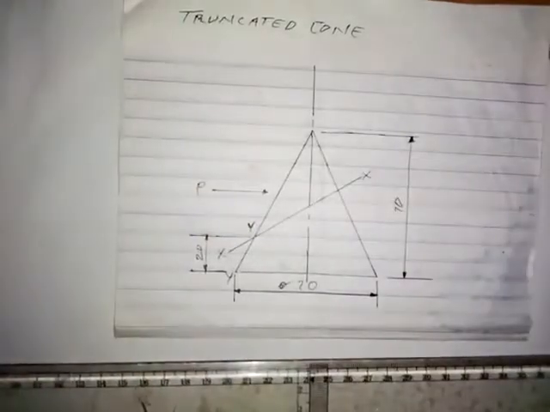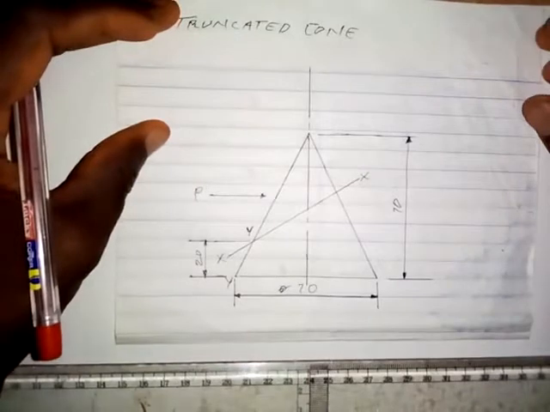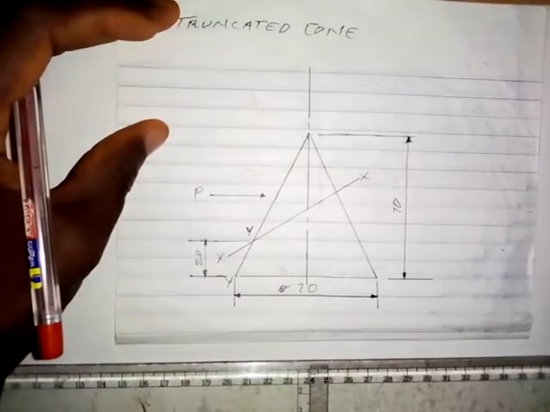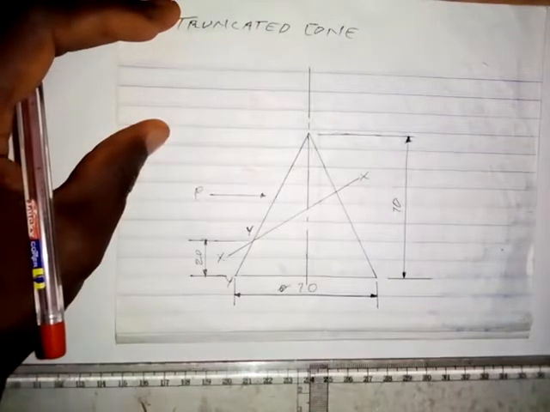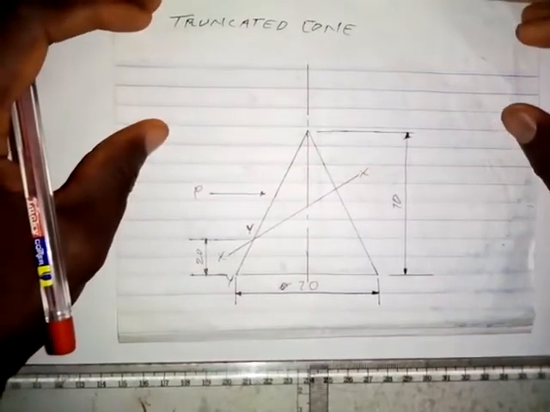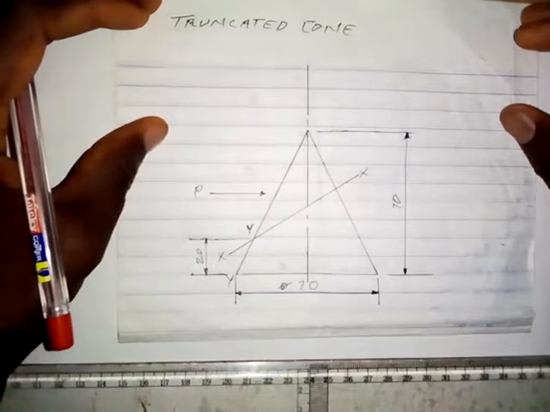Alright, yeah, I want to show you how you can solve 4 different questions that WAEC may ask you concerning a truncated cone. How you can answer 4 different questions that WAEC may ask you to answer in your exam concerning a truncated cone.